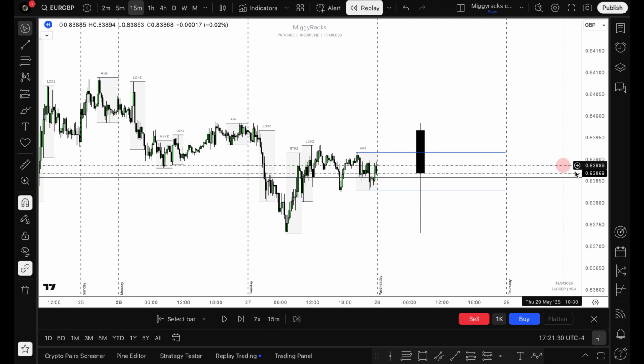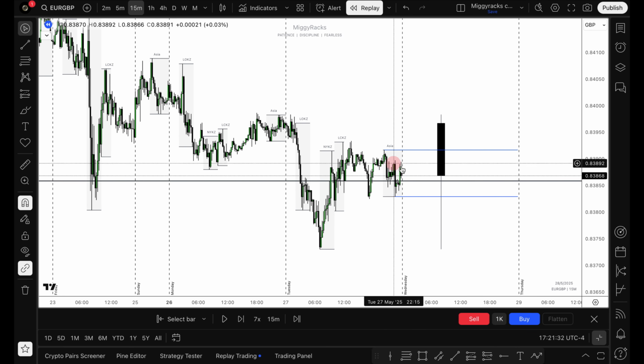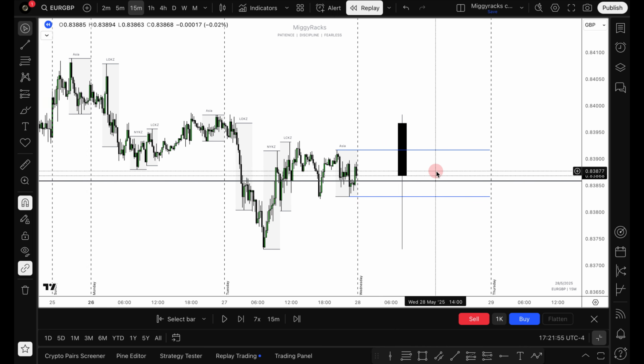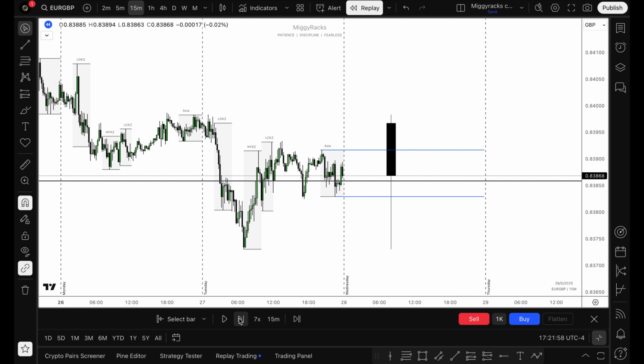So ultimately what I would want is for price to move higher and take out Asia's high, so smart money could pair orders to look for sell positions. So I'm taking out buy side liquidity and then waiting for smart money to pair orders so I can get in short to sell, to add sell positions.